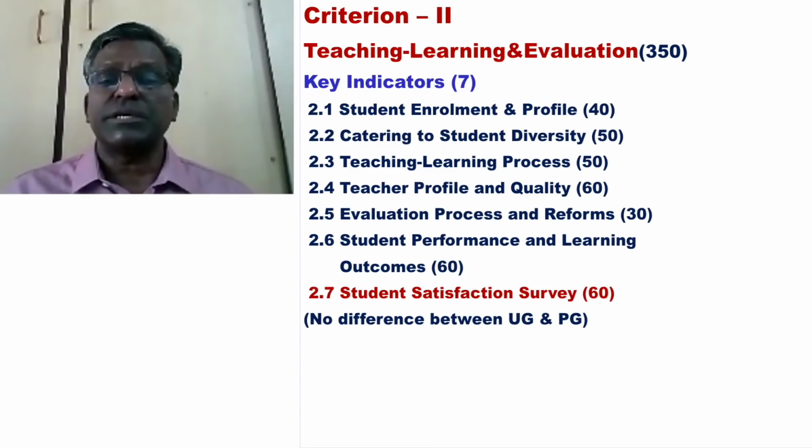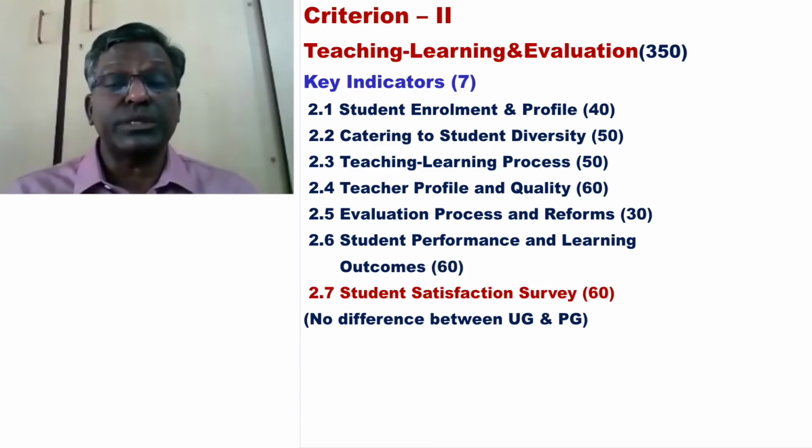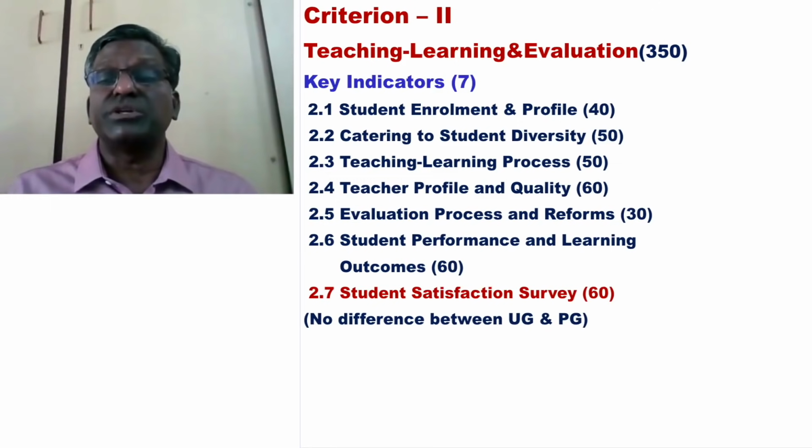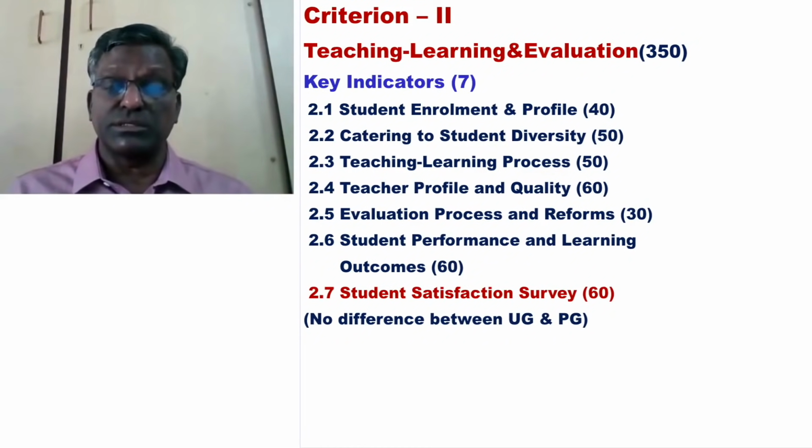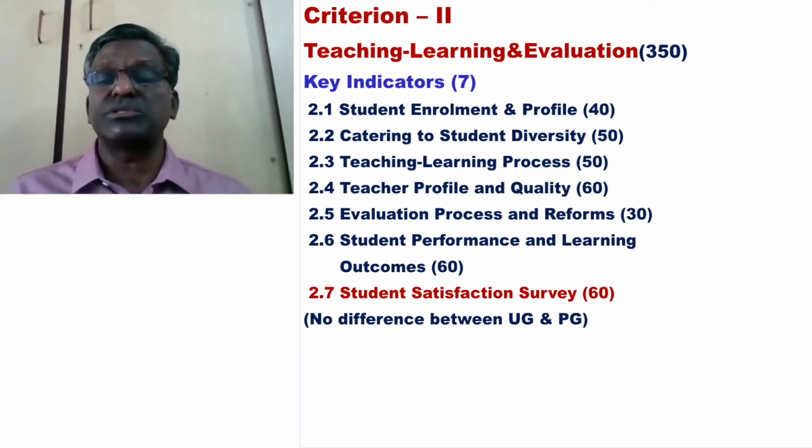We go to the second criterion. Now, the second criterion is the most important criterion with reference to, not universities, but affiliated and constituent colleges. And the reason is obvious. It carries 350 marks. I repeat, in the case of affiliated and constituent colleges, both UG and PG, the second criterion, namely teaching, learning, and evaluation, is the most significant criterion for a very simple reason.